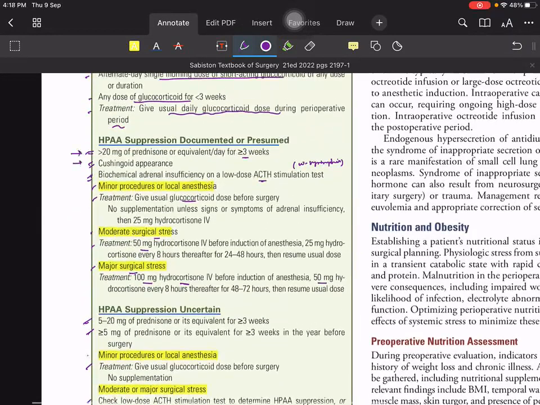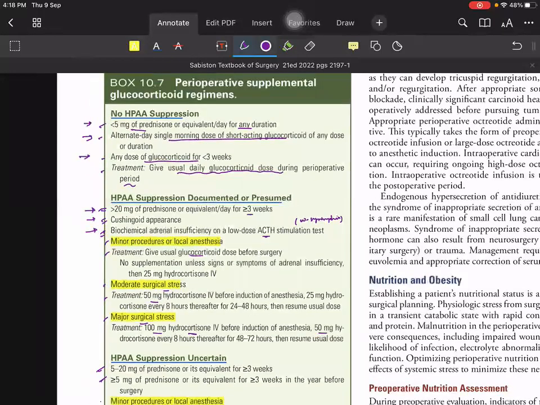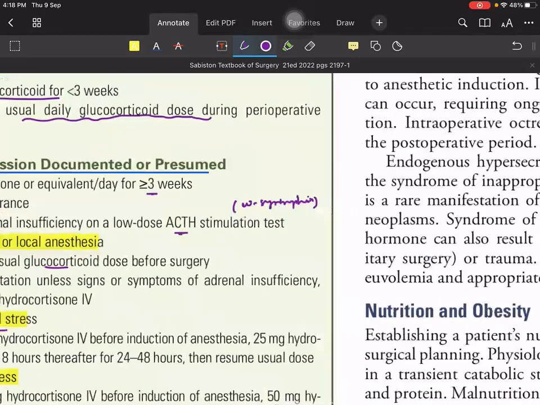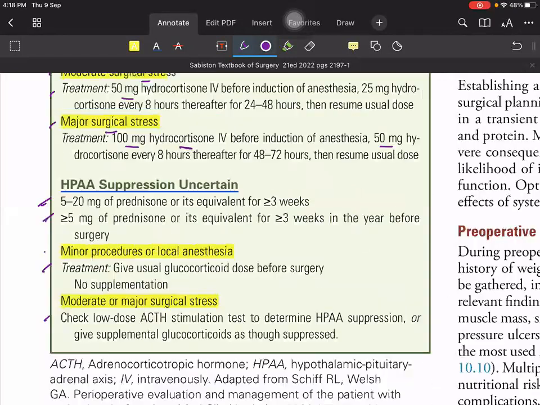How to identify: here, any dose of glucocorticoid for less than 3 weeks. Here, it is more than 3 weeks. And HPA suppression is uncertain when the dose is between 5 and 20 milligram prednisone equivalent for 3 weeks or more.